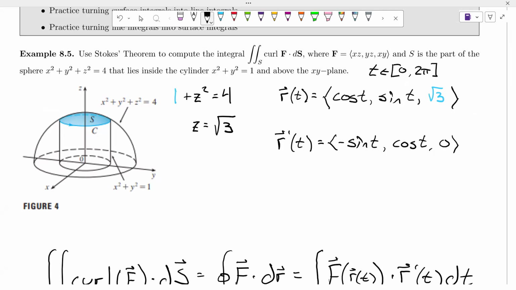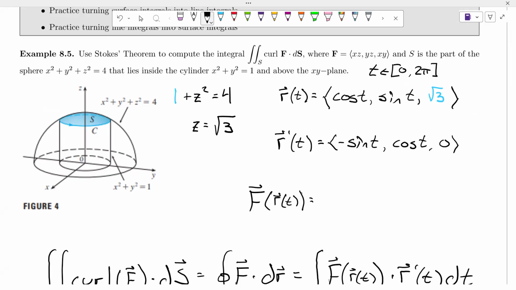And then I'll just go plug all that stuff into my line integral. So I suppose while we're right here, I'll just write it down: f of r of t. That's because I can see everything on screen from here.